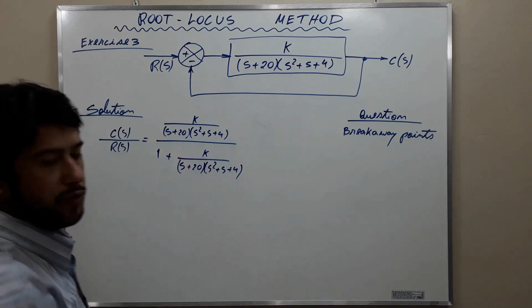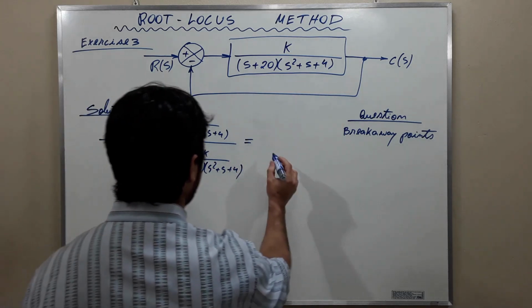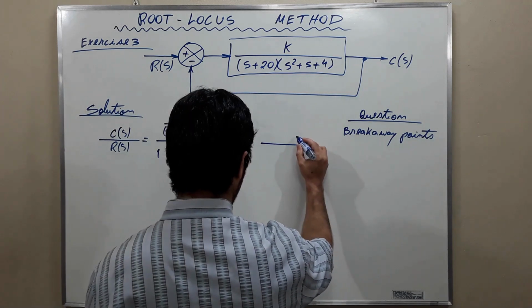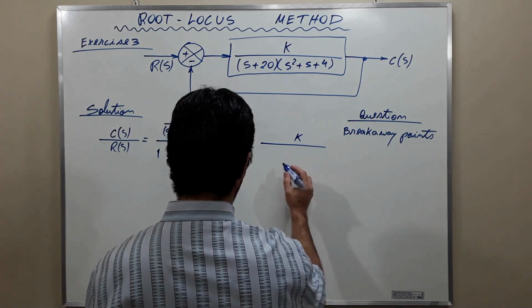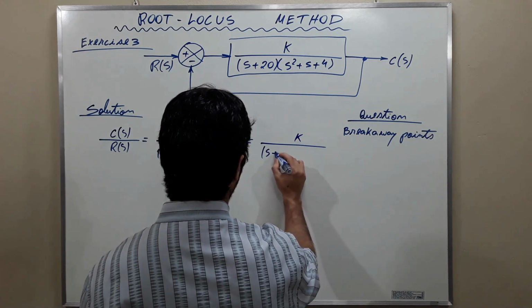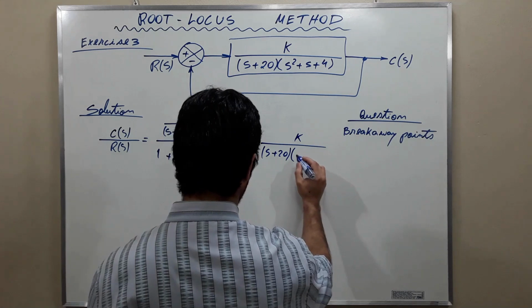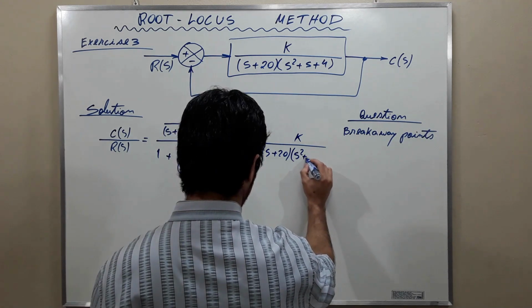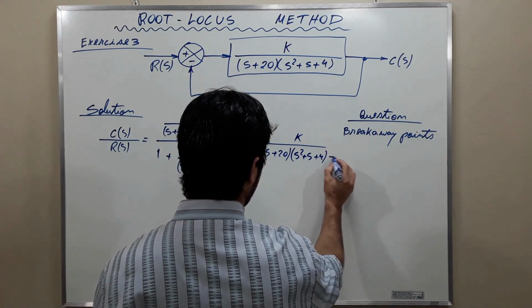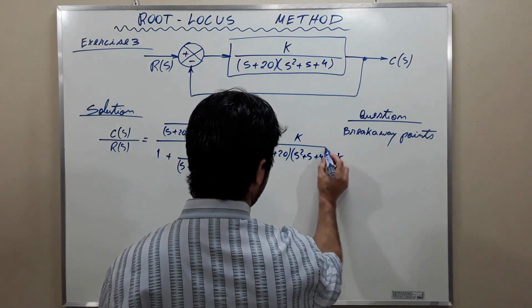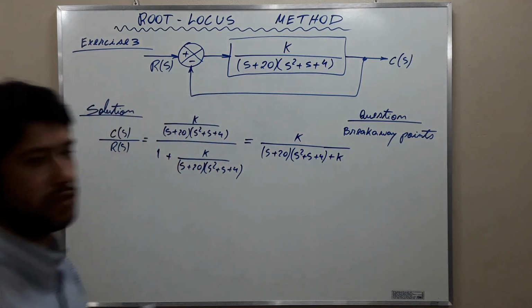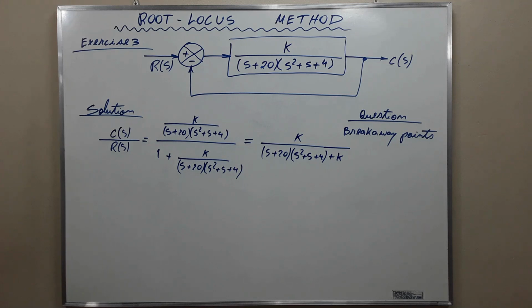And if we develop this, we get that the transfer function is K over S plus 20 times S squared plus S plus 4 plus K. This is the transfer function. We are going to work on the characteristic equation.